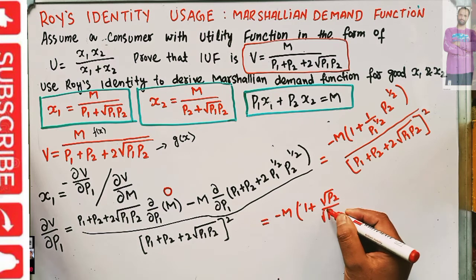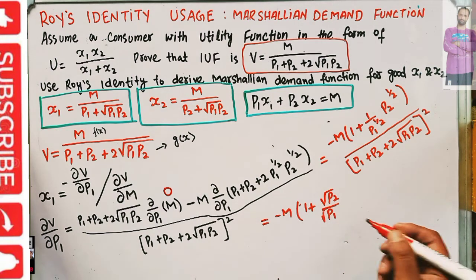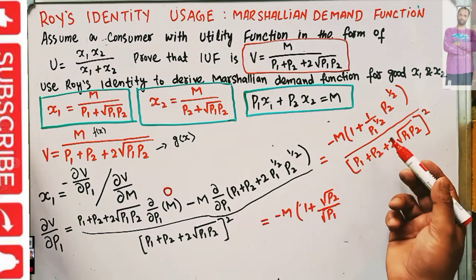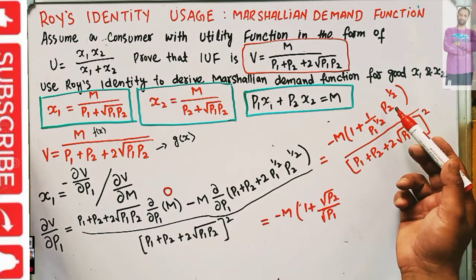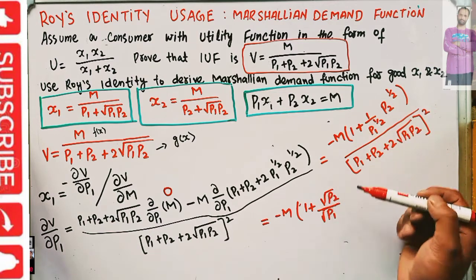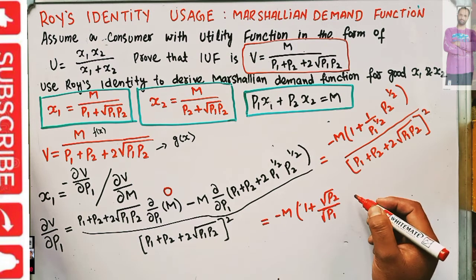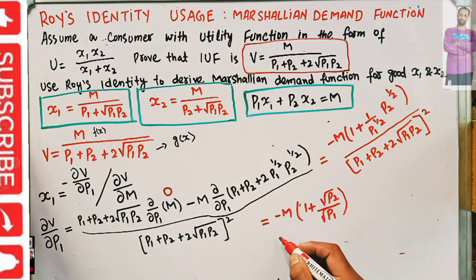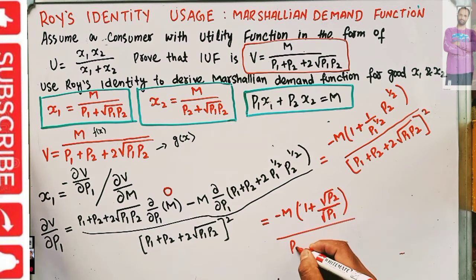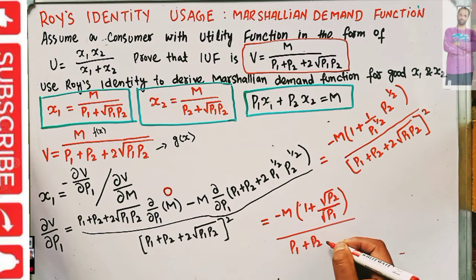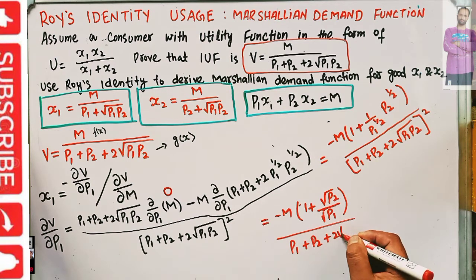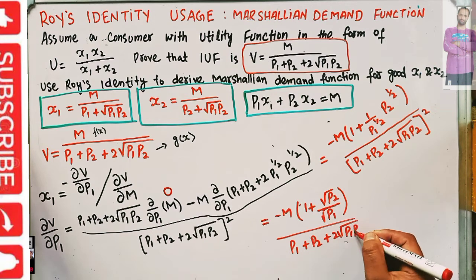So you should not have any difficulty in learning this here. So using this root here, divide by p1 plus p2 plus twice p1 p2 whole square.